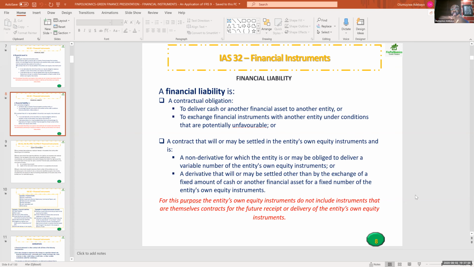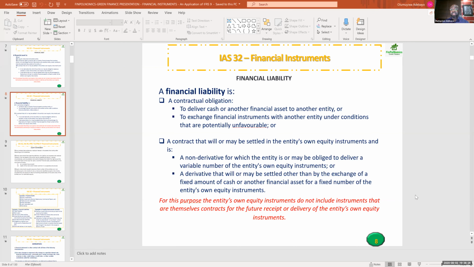Likewise, contrary to the position of financial assets, a contract that may be settled or will be settled in the company's own equity, but in this case is a non-derivative for which the entity is or may be obliged to settle in a variable number of its own shares. Under financial asset, you are entitled to receive, not to settle.